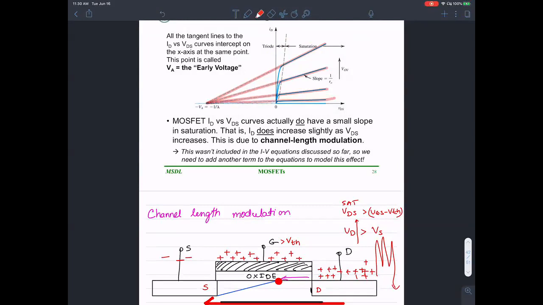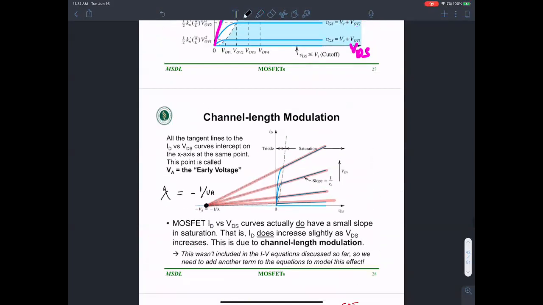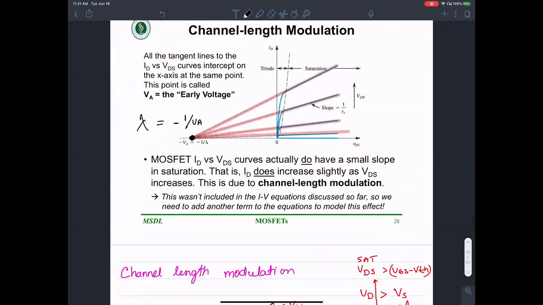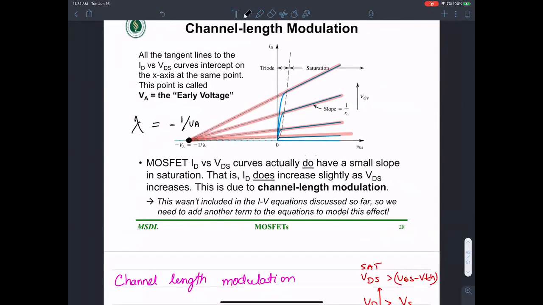The slope of that guy is the idea of channel length modulation. So negative 1 over VA will give you lambda. We don't have to worry too much about it. If there are problems that give you VA, all you want to understand is that this slope is not 0, and that is happening because of channel length modulation.